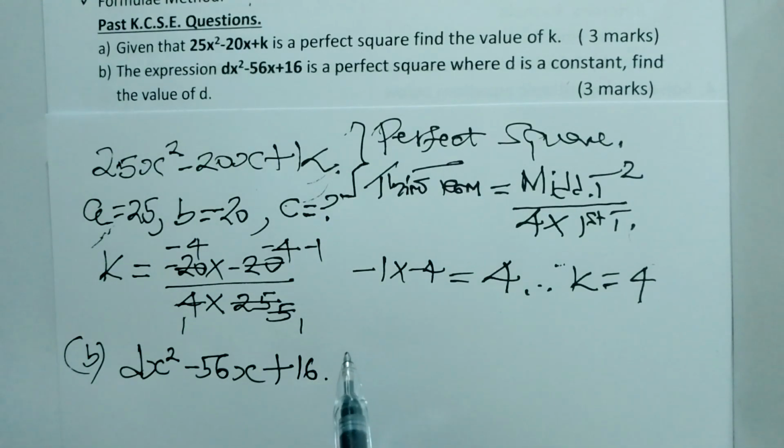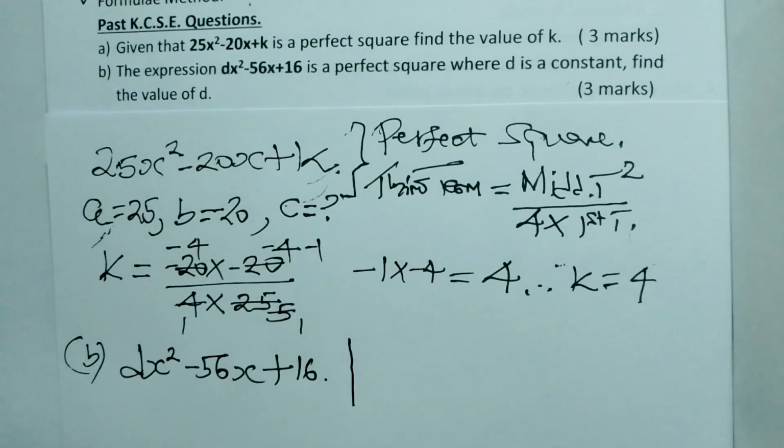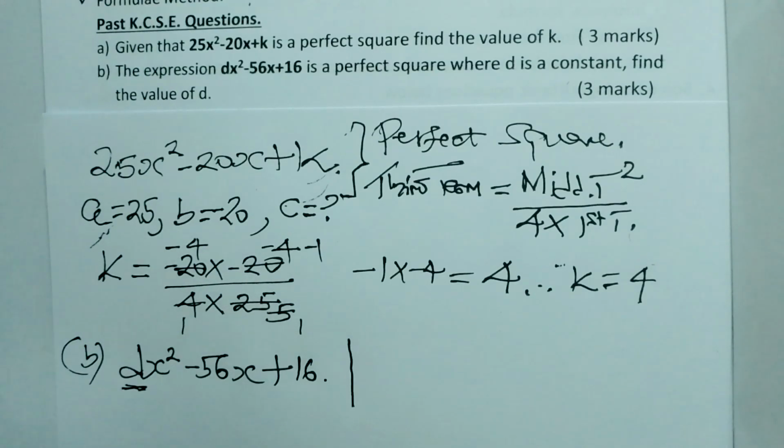Again, we're going to use the first method to get the first term d, which is not known to us.